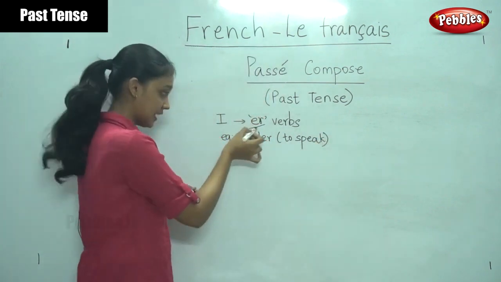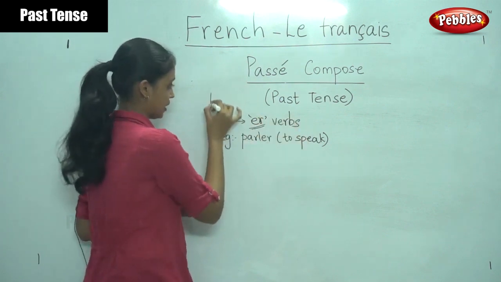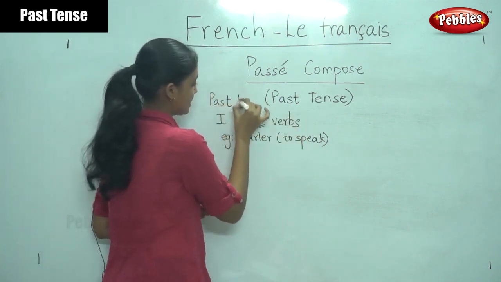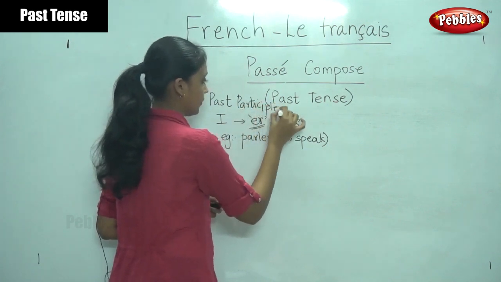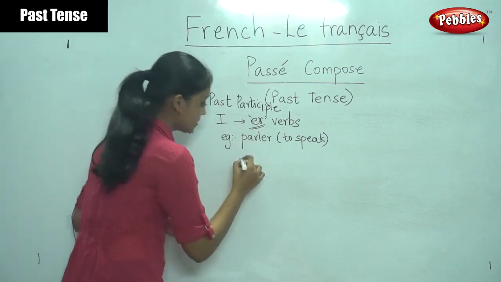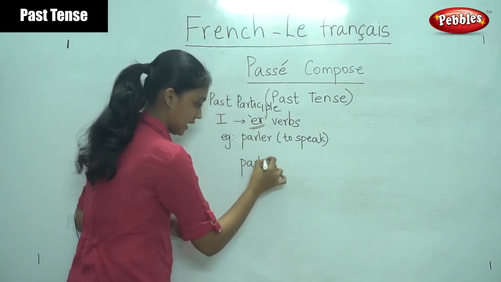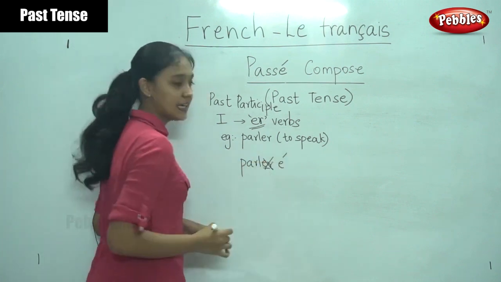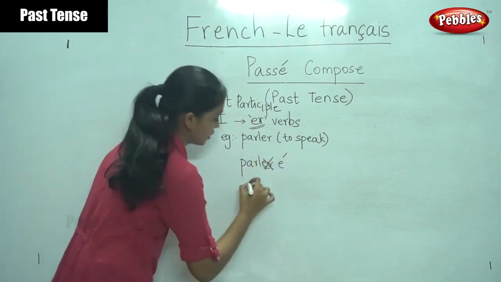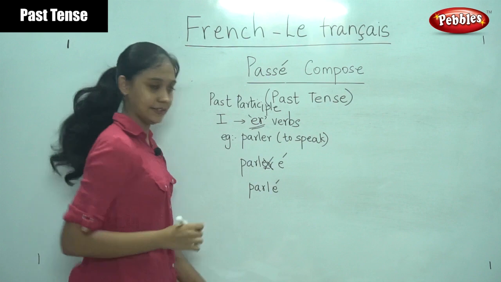Now, for the ER verbs, the past participle. Now, what we are learning is the past participle. So, for all the ER verbs, we would remove ER and we would replace it with E and an acute accent. So, the past participle would be parlé.